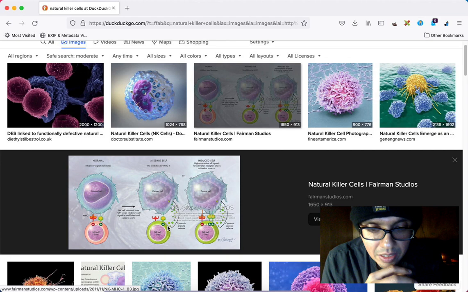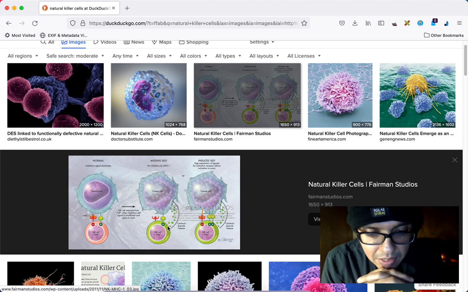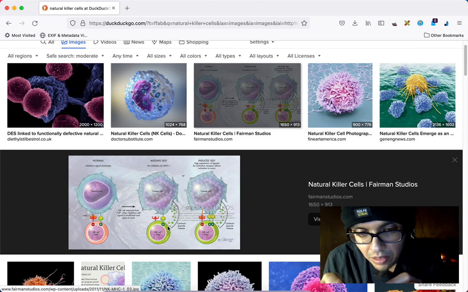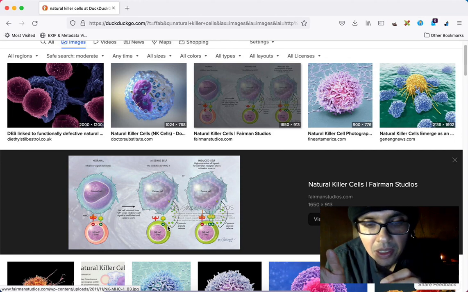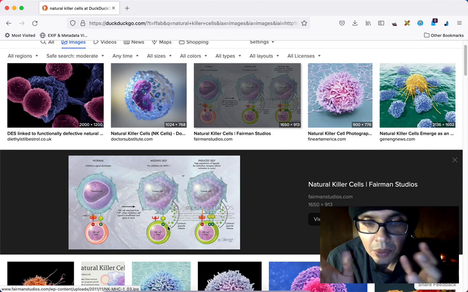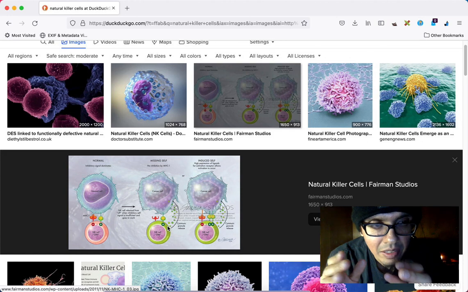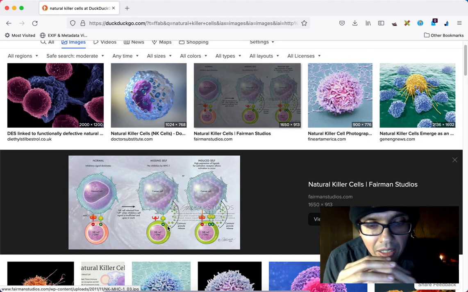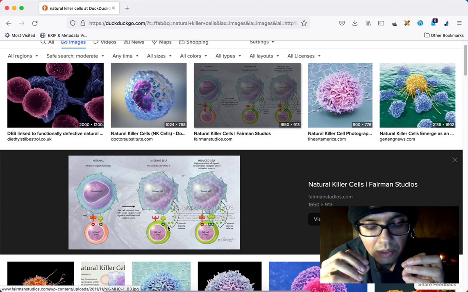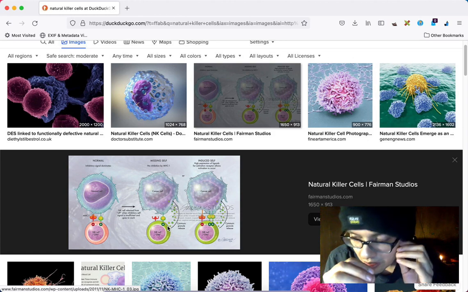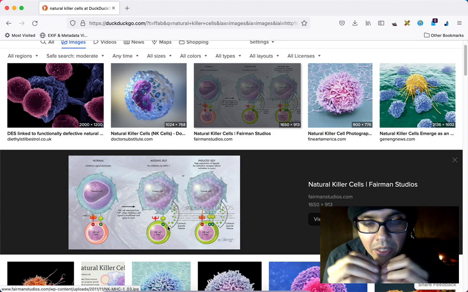So these granules, these perforins, will go inside the cancer cell in this case, or some other cell that has activated the natural killer cell, and they will release. They will lock on. There's receptors for these perforins to lock on to the membranes of a cell.